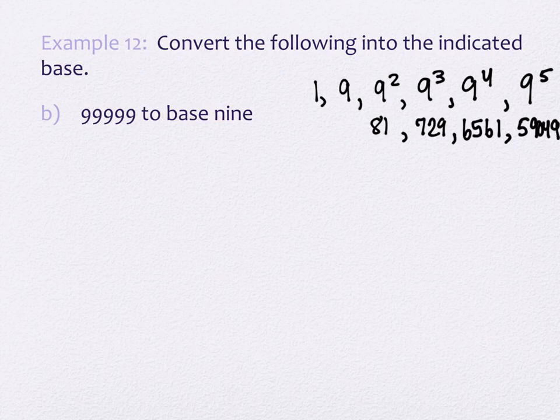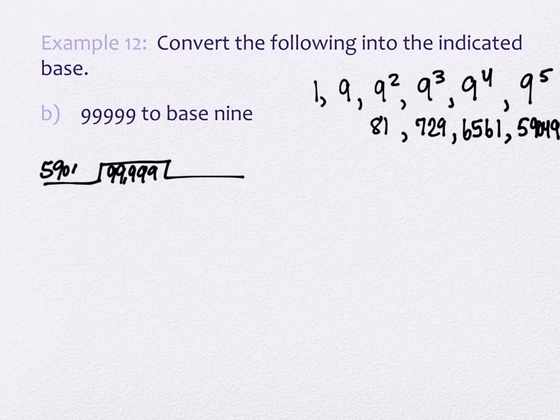It's not too big, but anything bigger than that clearly will be, right? So if you want to test it, feel free to test 9 to the 6, but it's going to be significantly too large. So my division scaffolding, I'm going to divide 99,999 by 59,049. And it's only going to go in one time.